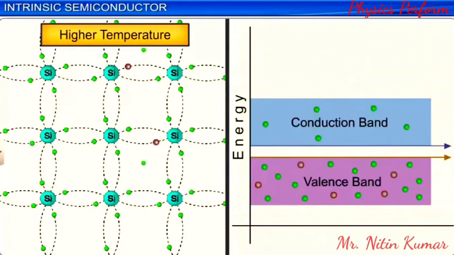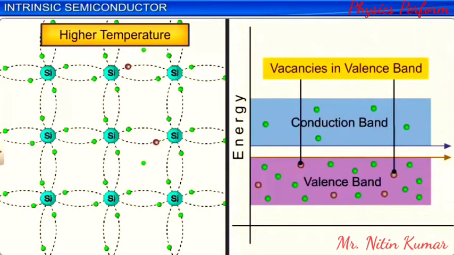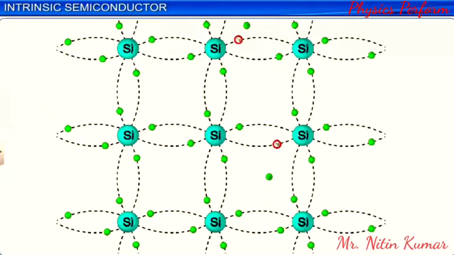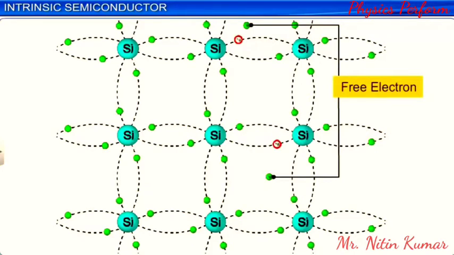Note that each electron that moves to the conduction band leaves behind a vacancy in the valence band. This can be visualized as breaking of a covalent bond, where an electron becomes free and leaves behind a vacancy in the covalent bond.